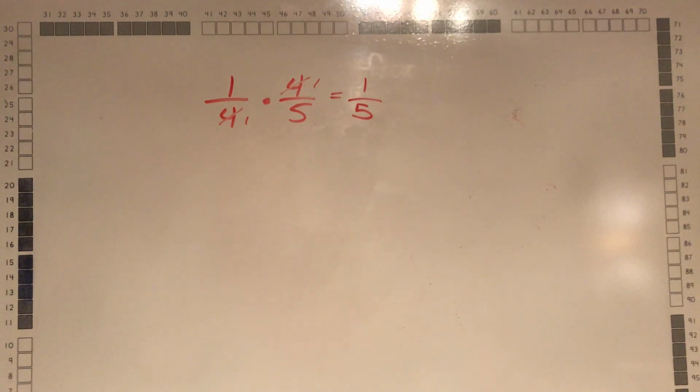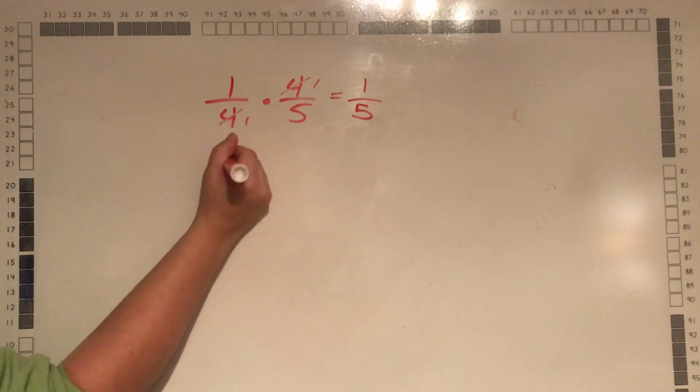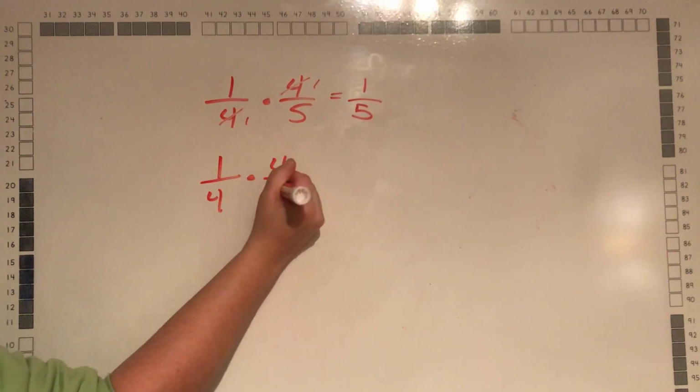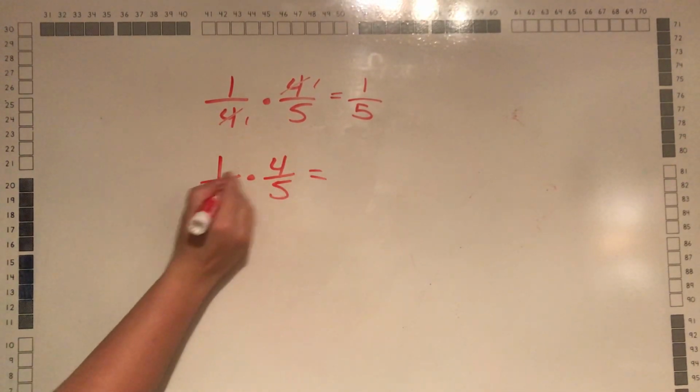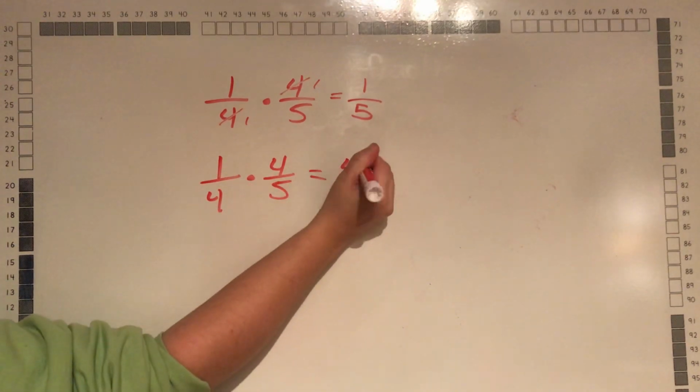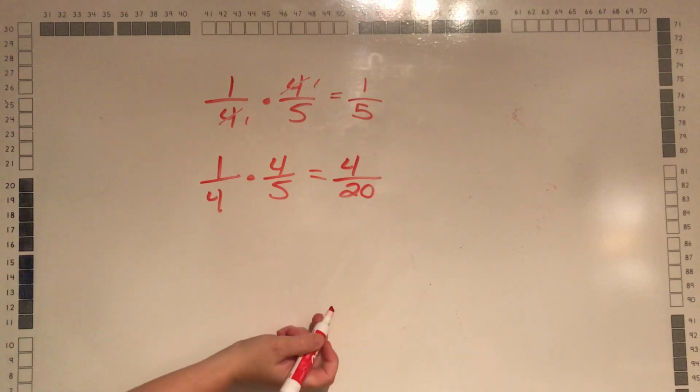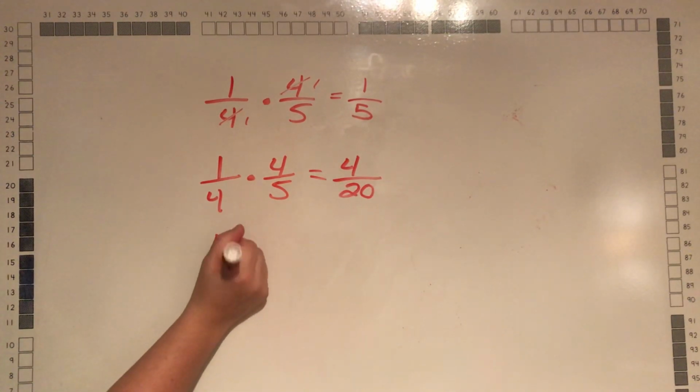Now if you want to check to make sure you did that right, we could do it the other way and go 1 over 4 times 4 over 5, multiply those straight across. So 1 times 4 is 4, 4 times 5 is 20, and then we would simplify this.